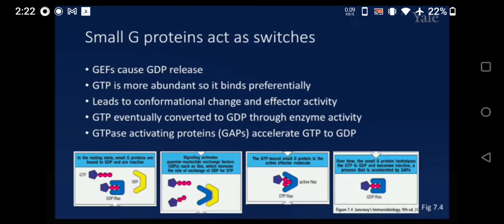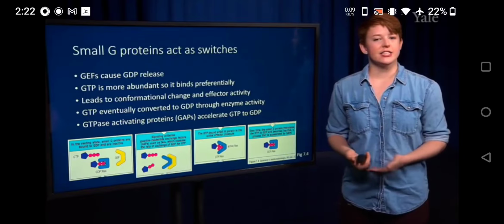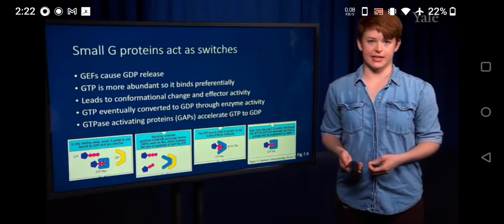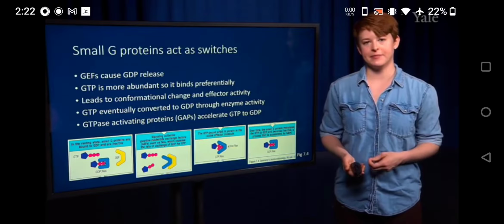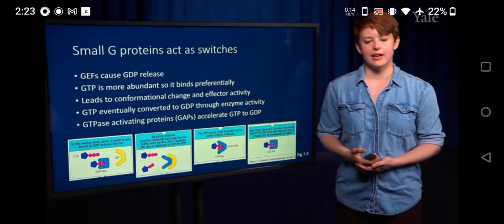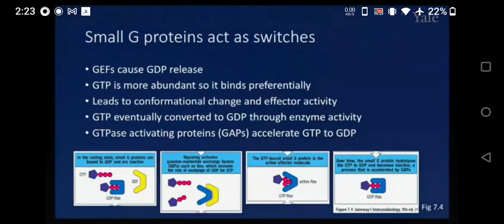The GTPase will eventually convert that GTP into GDP through its constitutive enzyme activity. The GTPase activating protein, or GAP, helps with this GTP to GDP conversion, and this helps regulate the activity of the GTPases.